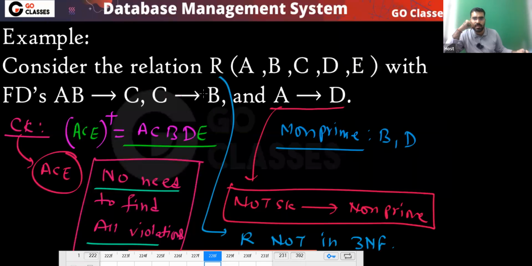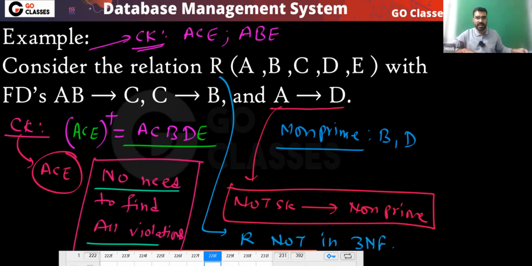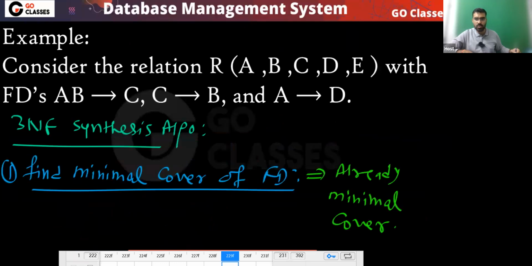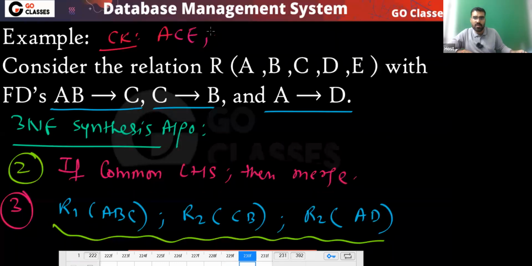What was the candidate key in this question? The candidate keys were ACE and also ABE. So these are the two candidate keys you can notice: ACE, ABE.